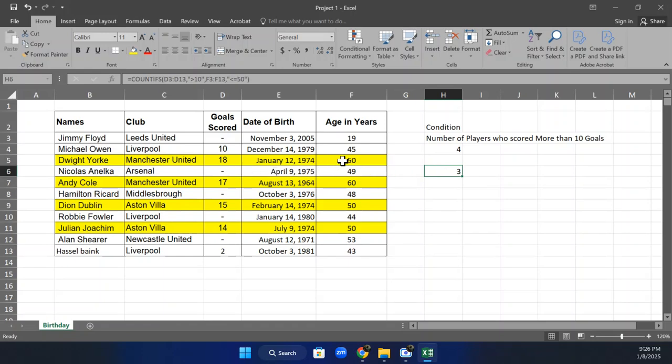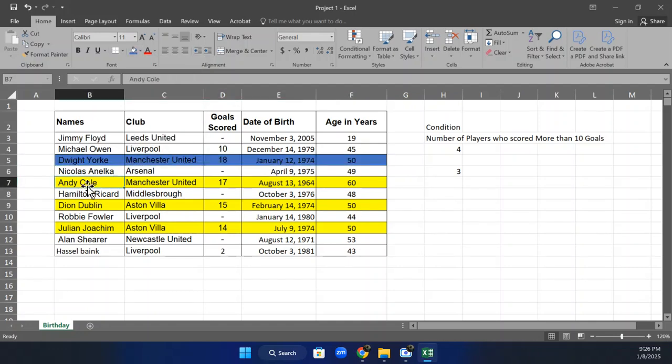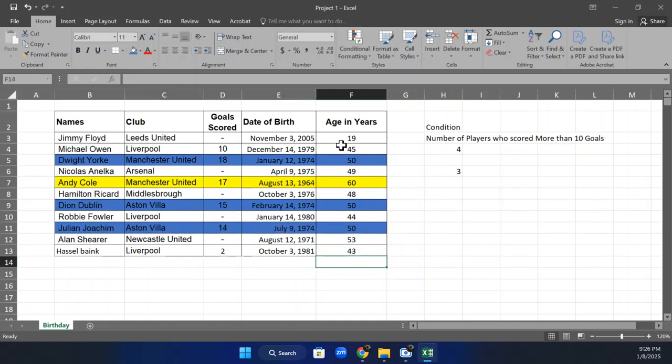This one is equal to 50 years. This one no. This one yes. This one yes. So you would notice that there are 3 players.